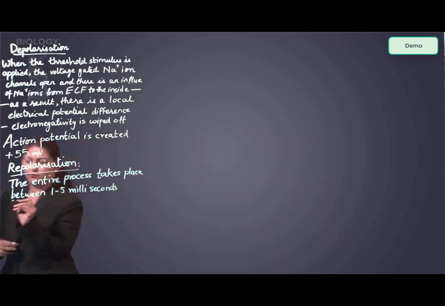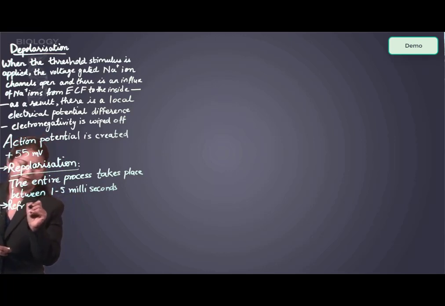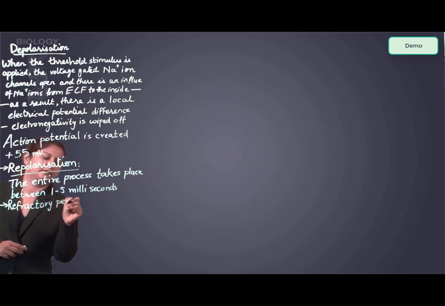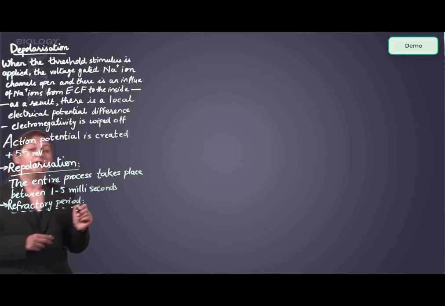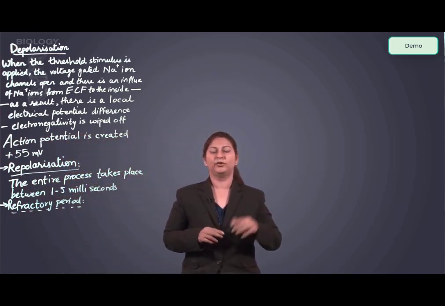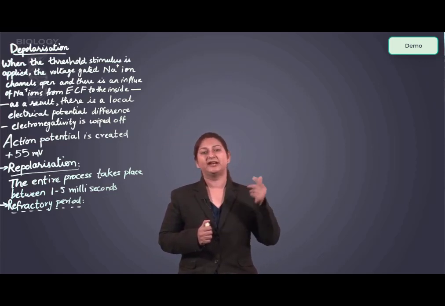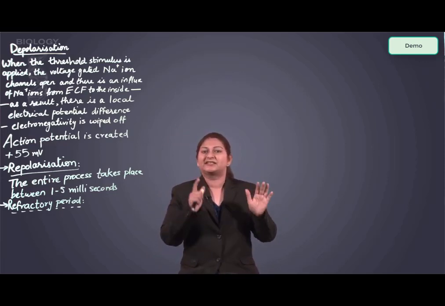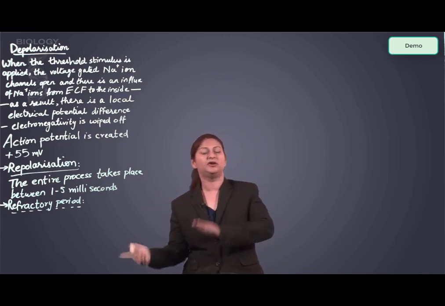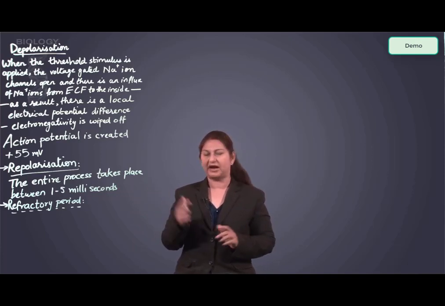All right, so what is the refractory period? Just after a nerve impulse has passed through, no stimulus will be able to excite a neuron. All right, it's kind of taking rest before the next impulse comes, and that period is the refractory period.